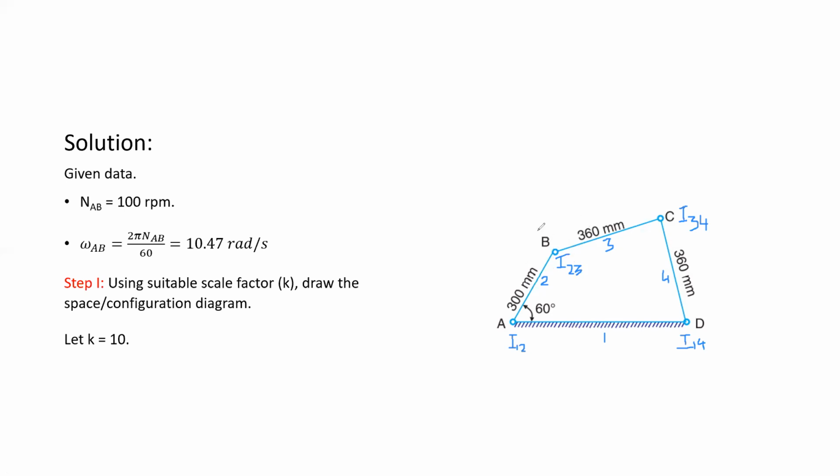Now, for the purpose of calculations, we need all the ICRs which are related with the fixed link. Here you can see which ICRs are related with the fixed link: I12. Then for the calculation purpose I will need I13.